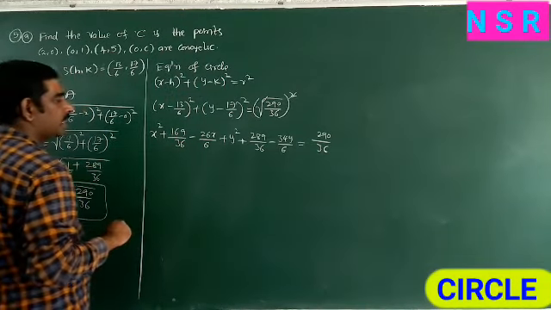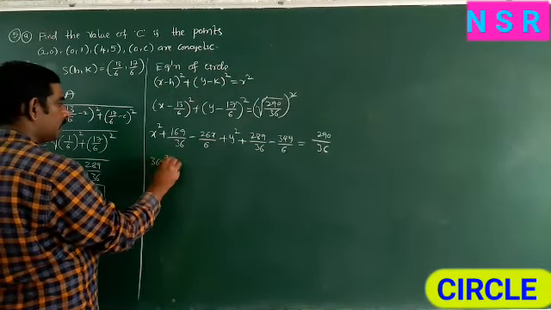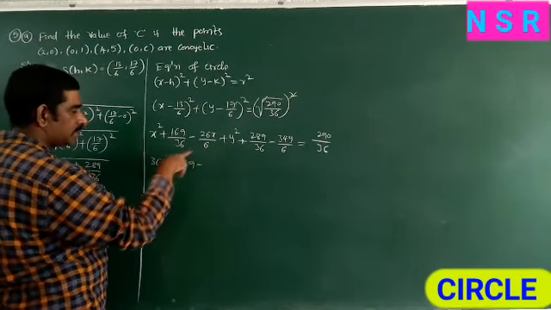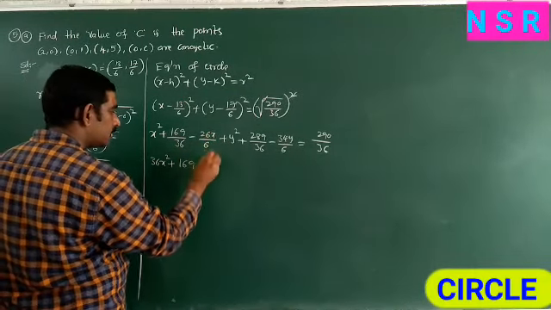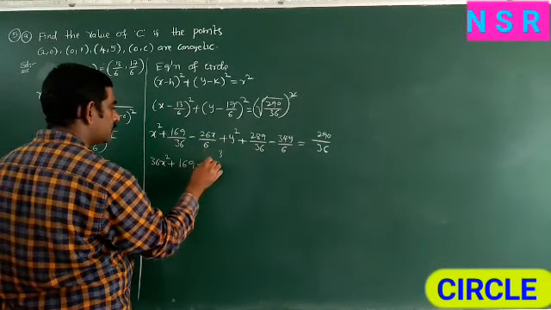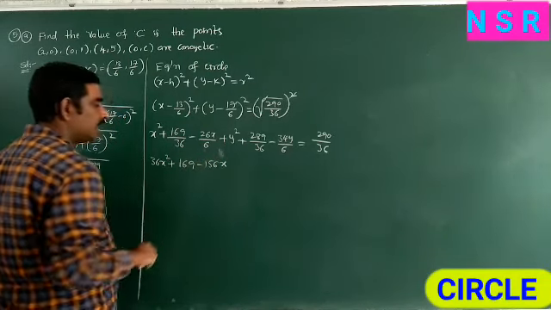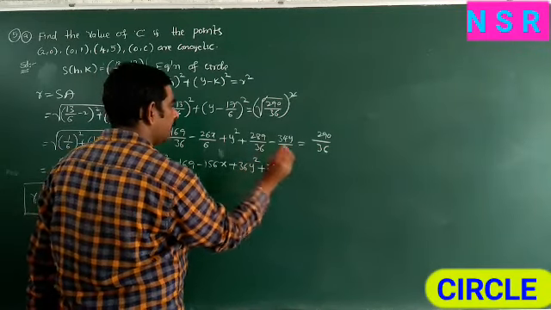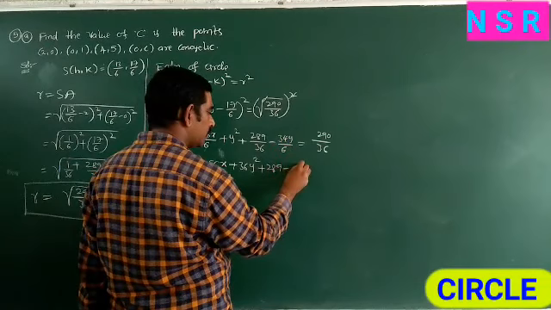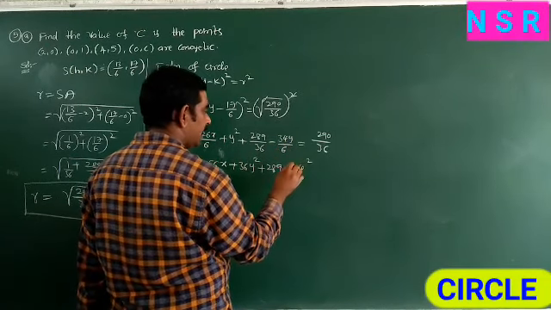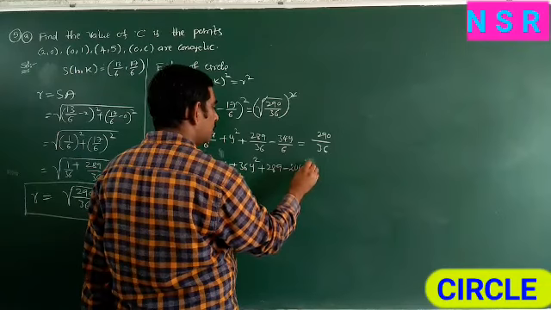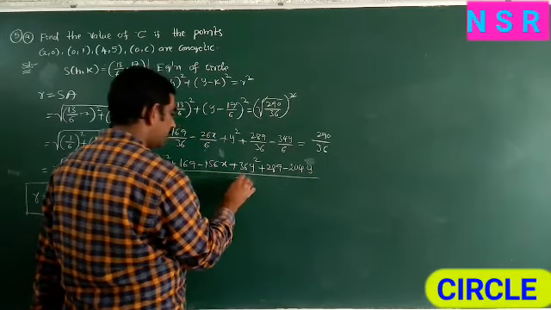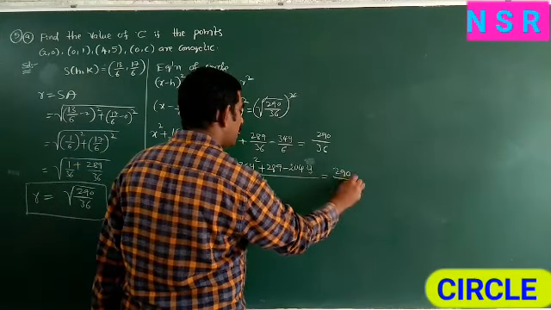So here the LCM is 36. Multiply: 36x square plus 169 minus 156x, plus 36y square plus 289 minus 204y, the whole by 36 equal to 290 by 36.